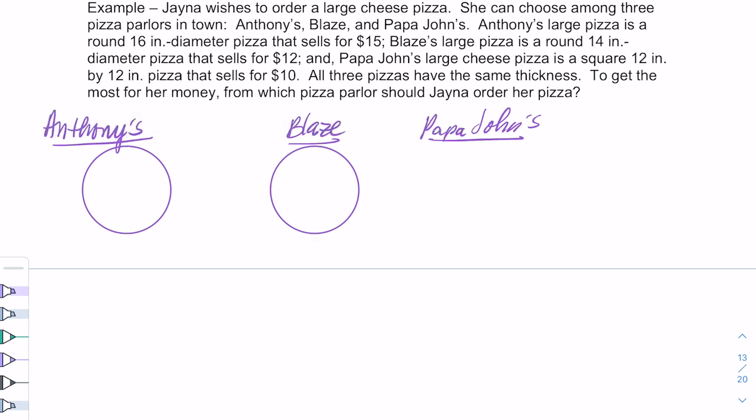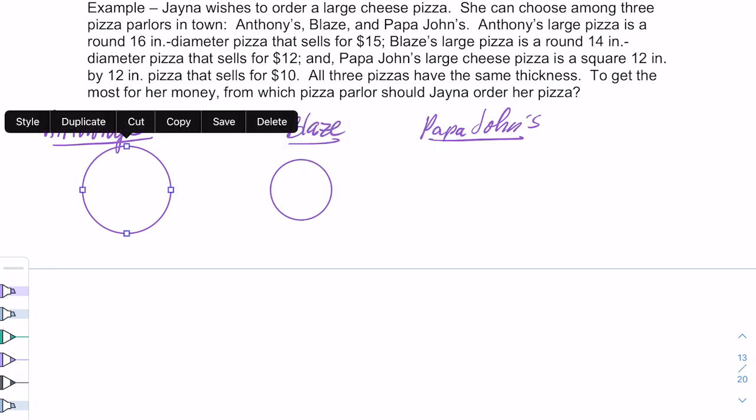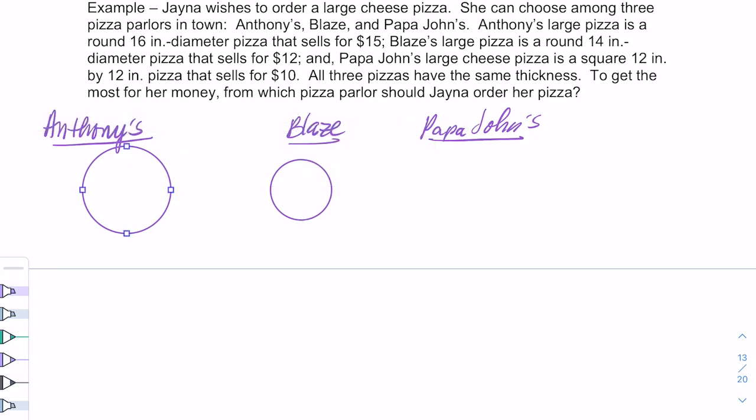So we're going to make the Blaze pizza just a little bit smaller. Okay, so there's the center. And then for Papa John's, it's more like this.